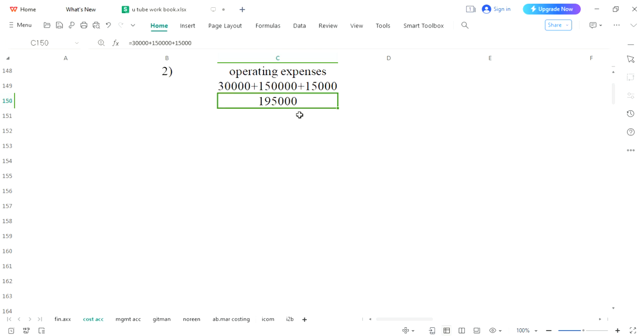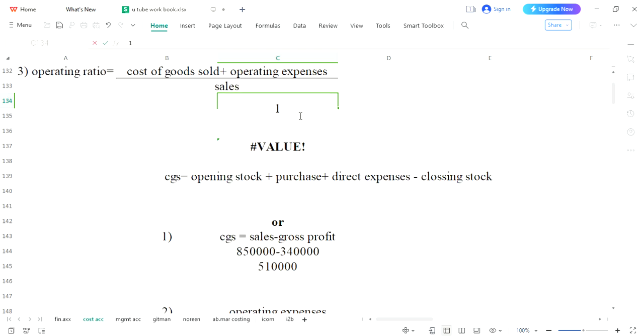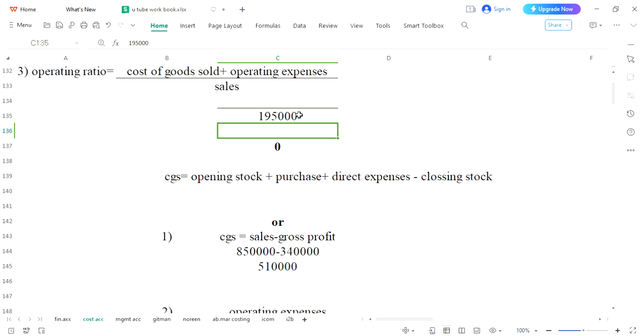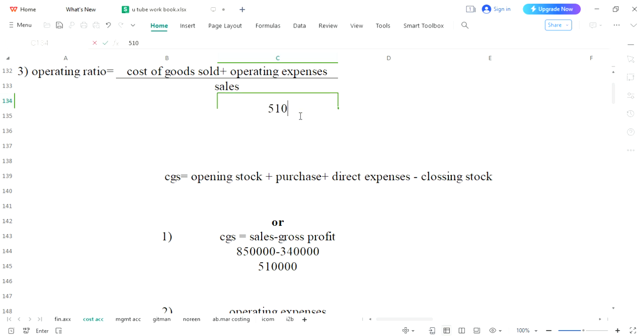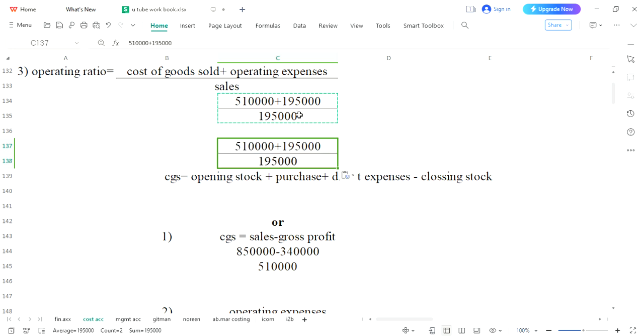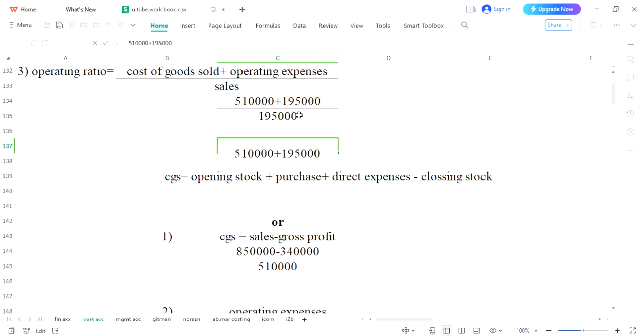So how many are operating expenses? 195,000. Just put 195,000 over here. Why is it not adding? Actually there is a little trouble. Again 5,10,000 and you need to put 195,000. Yes, now it has been written. So we are now able to calculate its value. First we will calculate cost of goods sold plus operating expenses. Here calculations are completed.